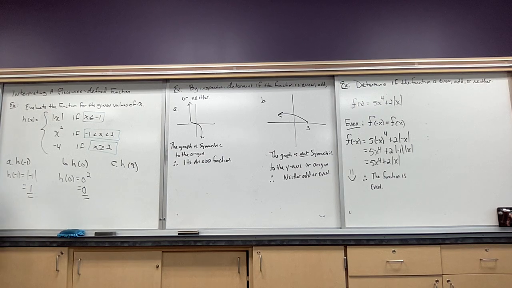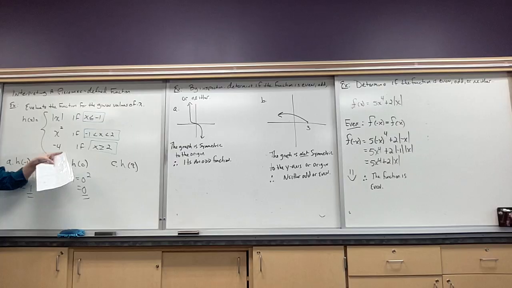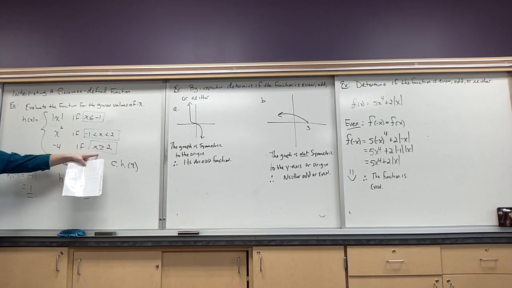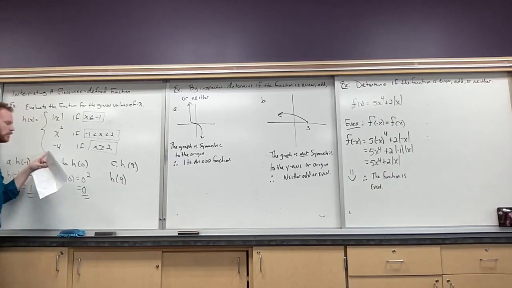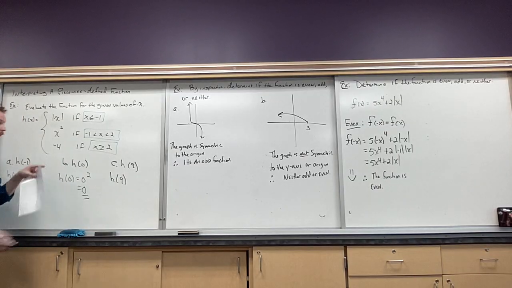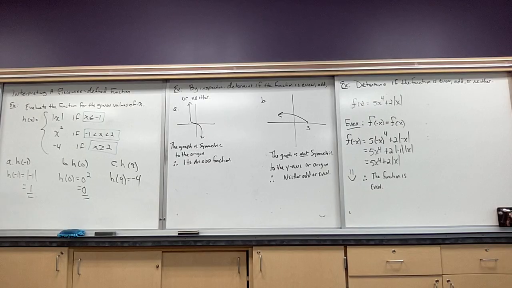Okay, so if you're following the trend and pattern, h of 9 has to go with this guy, because 9 is greater than or equal to 2. However, is there a variable here? Am I plugging that into anything? No. So my output, no matter what I plug in, is -4. Remember, this is a horizontal line that goes through -4 on the y-axis.